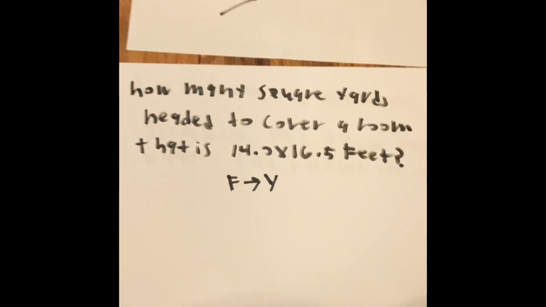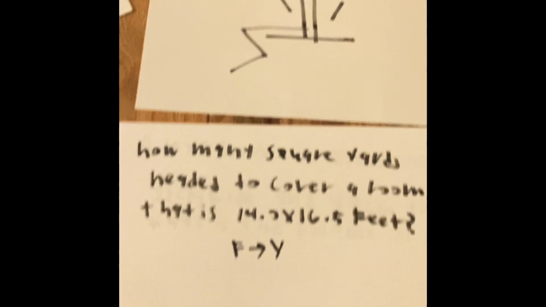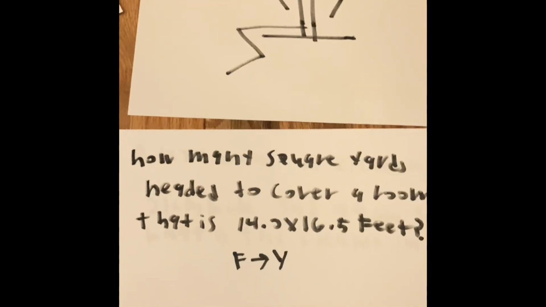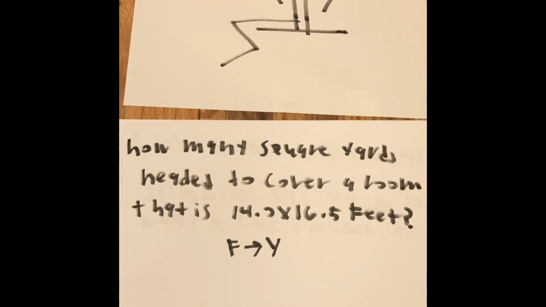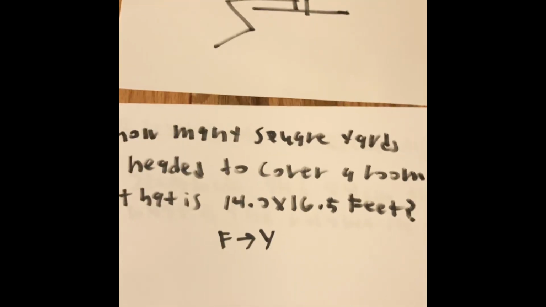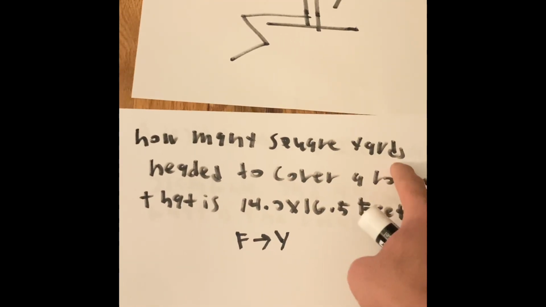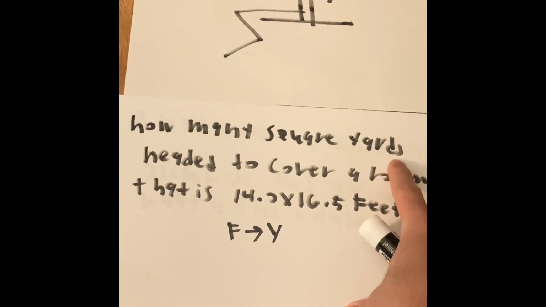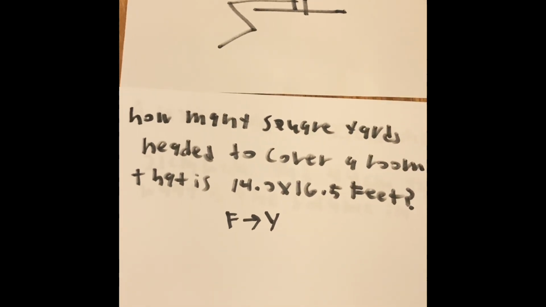So square yards, you're talking about a floor, something that kind of looks like this. So I do have problems making a clean room. Anyway, back to the math part. When you say the word square yards, this is what you think of: a square, a 2D shape.